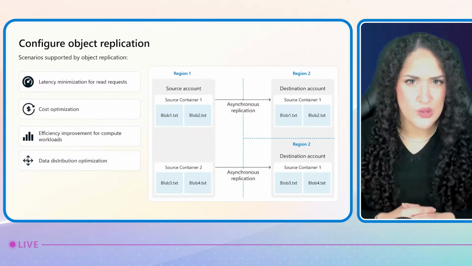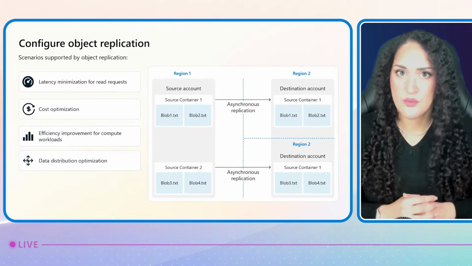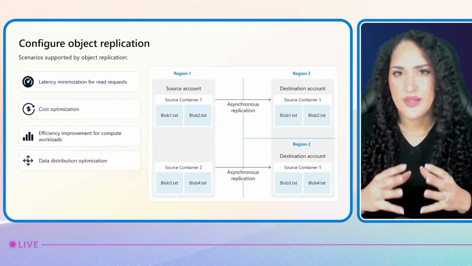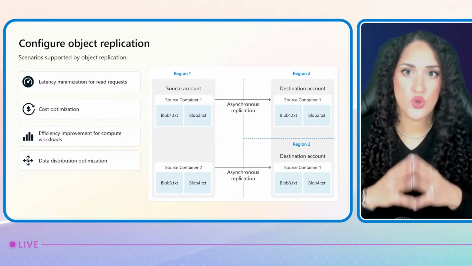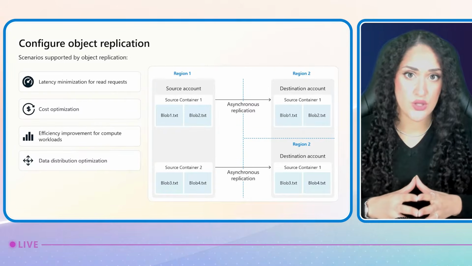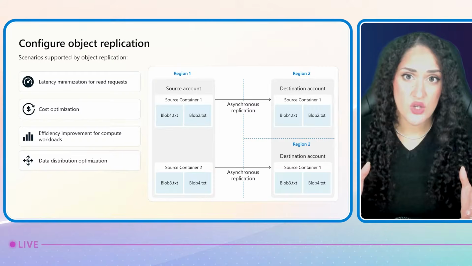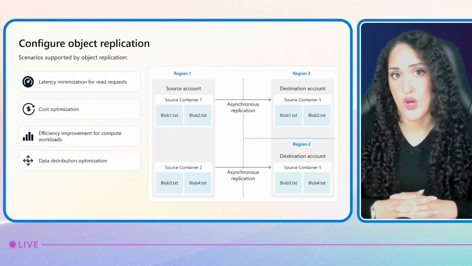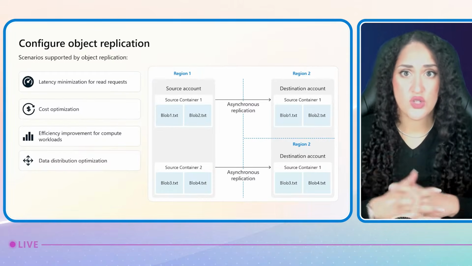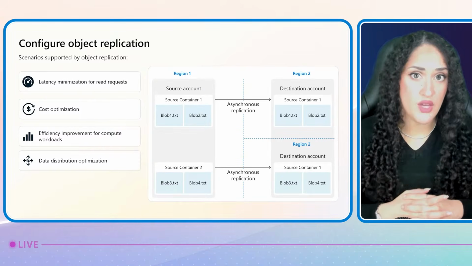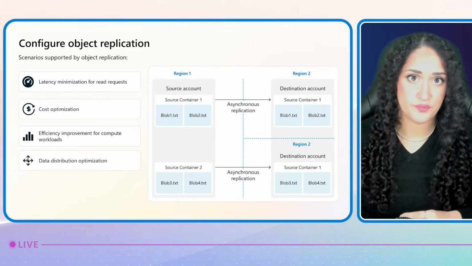Watch out for prerequisites and limitations when setting up replication rules. When planning your accounts, always choose the region closest to your users, and keep that also in mind for the exam. Object replication is a great solution to a question that doesn't restrict you to region pairs for replication, for example.